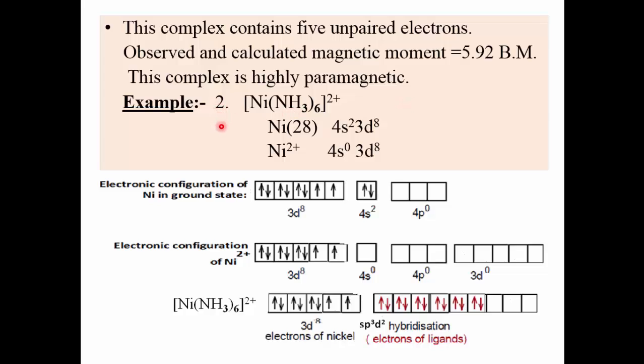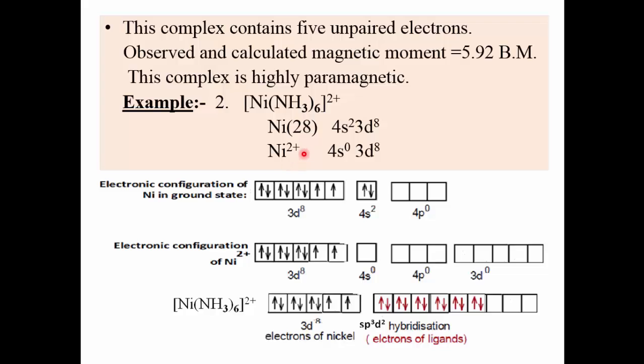Then see the second example, Ni(NH3)6 2+. The 6 ammonia molecules are neutral, no charge. That means this 2+ charge is from nickel. Nickel atomic number is 28, with 4s2 3d8 ground state configuration. On nickel there is a 2+ charge. We have discussed this.